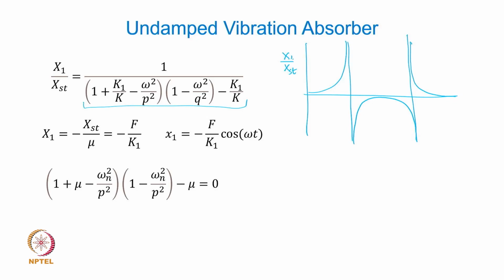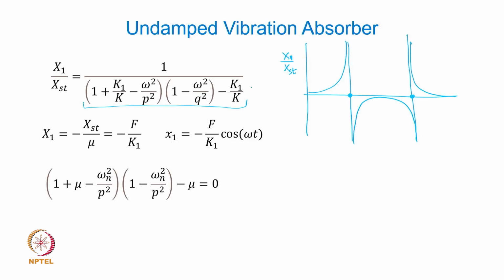Okay, this is the response of the absorber system. Now these are the two resonant frequencies where the absorber will have large amplitudes, and of course those are also the frequencies at which the parent system will vibrate with large amplitudes.